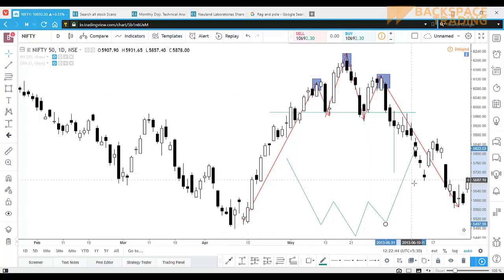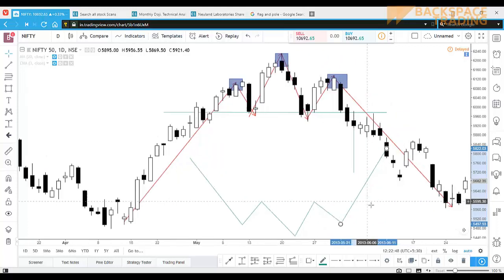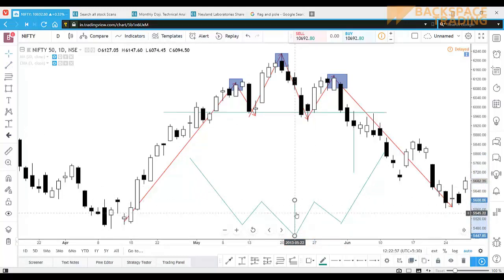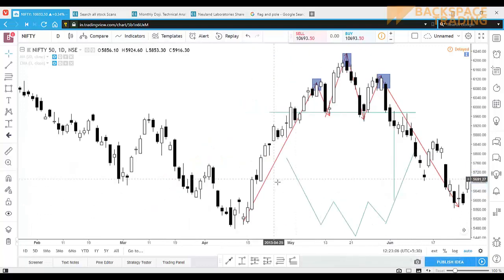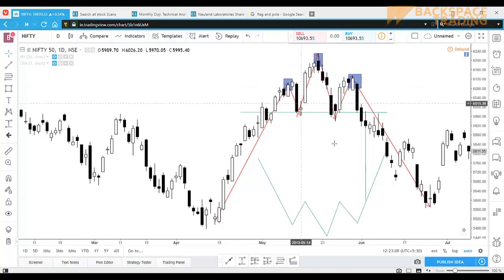This is called inverted head and shoulders. Or this, it is the same mechanism. Just measure the head till this one, and upon the breakout measure it. This will be your profit booking for this entry. That is called inverted head and shoulders and head and shoulders.